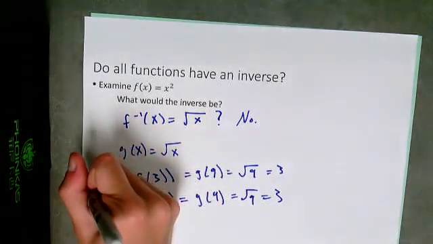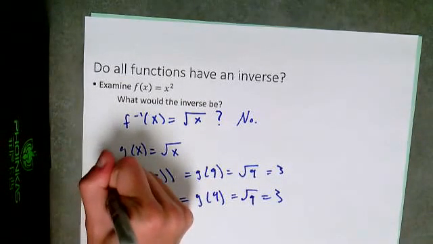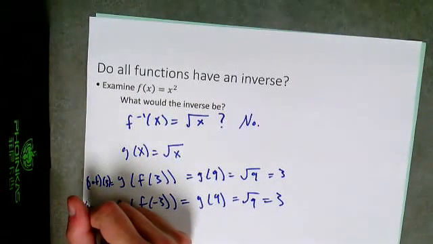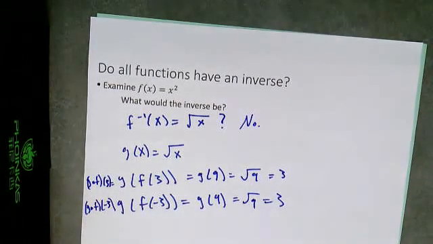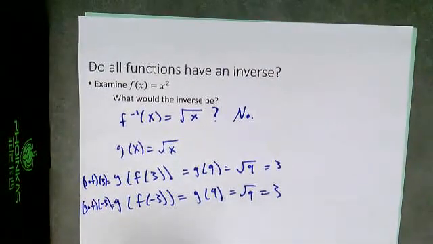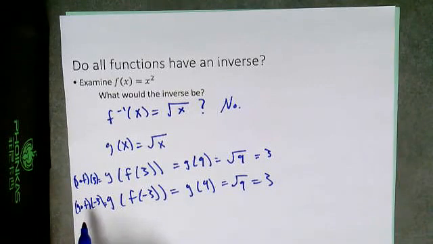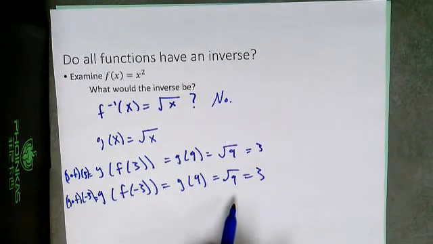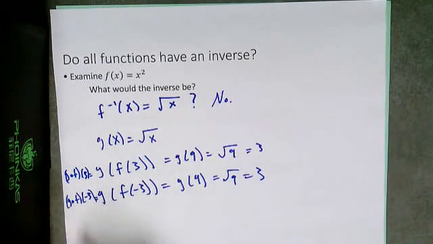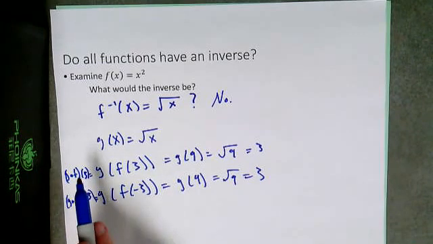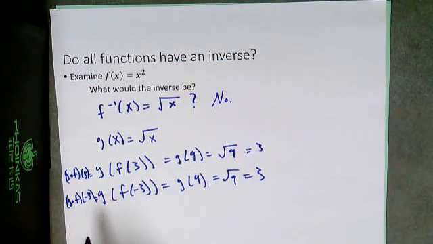This is g composed with f of 3, g composed with f of negative 3. So g of f of 3 is equal to 3, and g of f of negative 3 is equal to 3. So you have a function, g of f, that has two different inputs resulting in the same output. And that is not a good thing for an inverse.